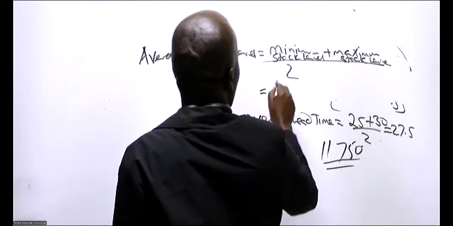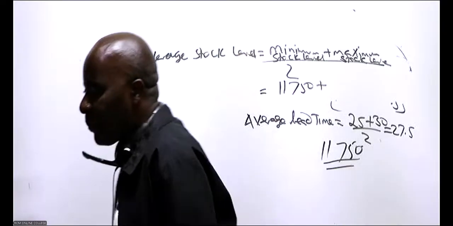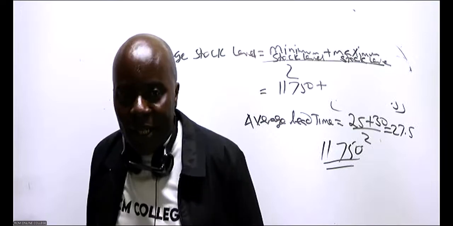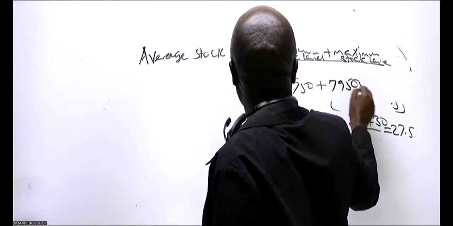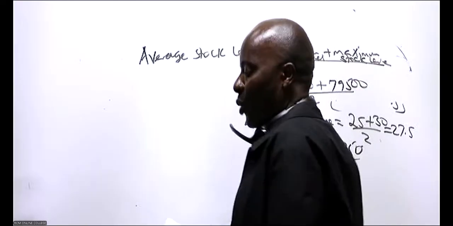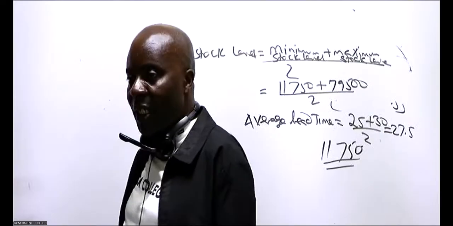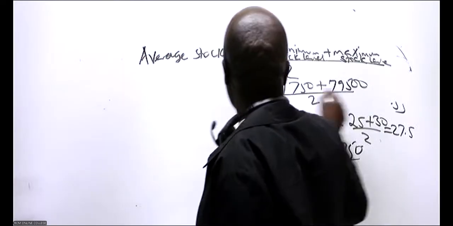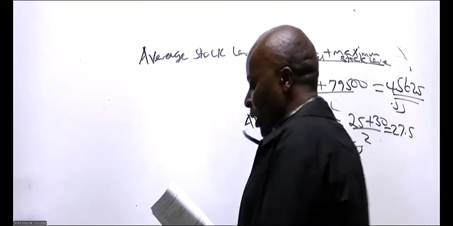So the minimum stock level I can see is 11,750. What was the maximum stock level? 79,500. Whatever total we get, we divide this by 2, which gives us 45,625 units.